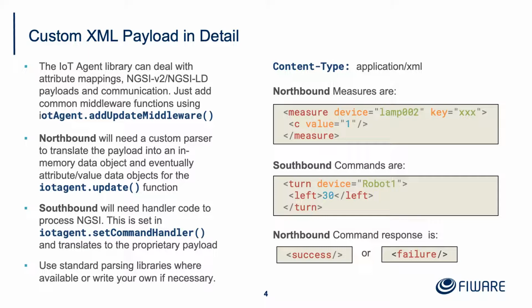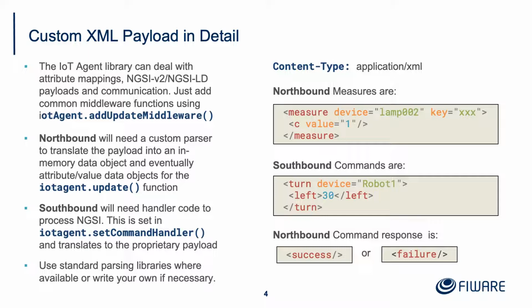Now, in order to deal with this, you just need to add common middleware functions to the IoT agent. There are a load of access points within the IoT agent node lib, and you just need to put the code into the middle. So northbound, you just need to say, okay, I somehow receive my data.